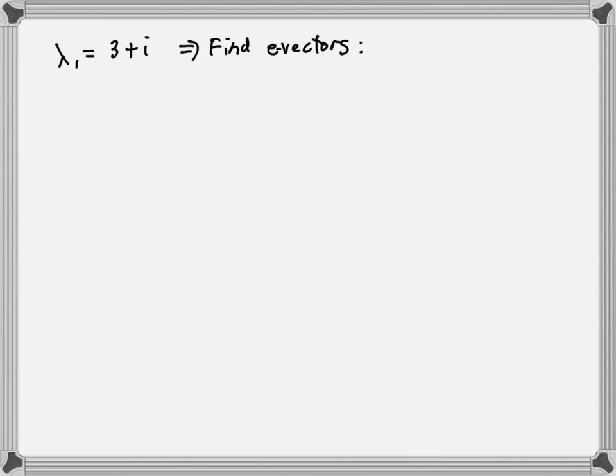To do that, we want to solve the following: A minus (3 plus i) times v equals 0. I know this looks weird because we have a 3 plus i in there, but you have to just treat it like a number, okay? It's not going to change how you do the problem.